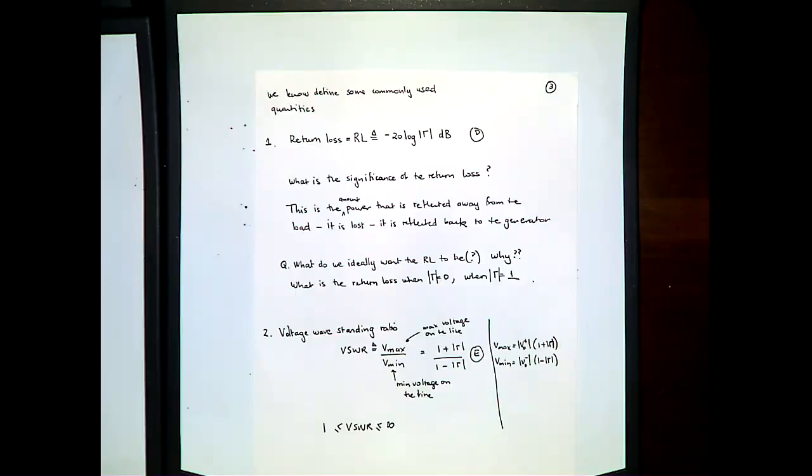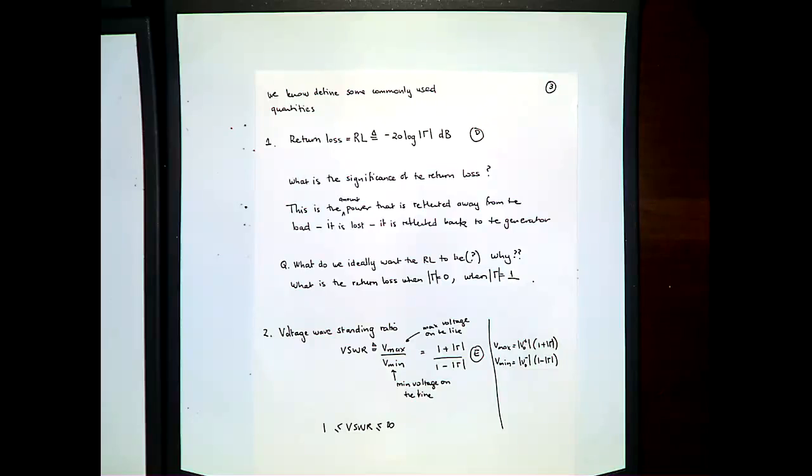Great. What does minus infinity mean? If you have a return loss of minus infinity, what does that mean? Sorry? Is that what it means, or does it mean the opposite? So gamma is 0, which means nothing's reflected, which means all the energy goes into the load. So return loss is essentially how much of that power comes back and hits you.